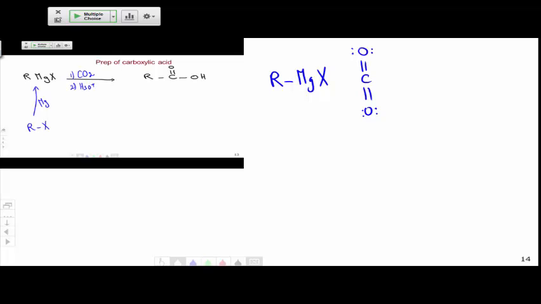My guess is it looks familiar, right? It's a C double bond O, which is electrophilic. Guess what? It's even more electrophilic because it has two C double bond O. As we've seen before, the Grignard, being a nucleophile, is going to attack the carbon of the carbonyl. My guess is all of you know what's going to happen next. It's not very different from what you've seen before.